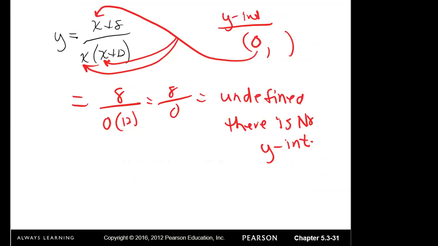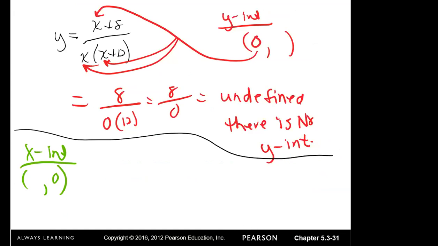And then the x-intercept is when y is 0. So this one will be a little bit more complicated. I am going to put 0 where the y is. And then I have to solve for x. Unfortunately, I have a nasty fraction.